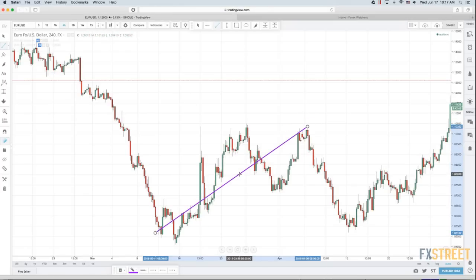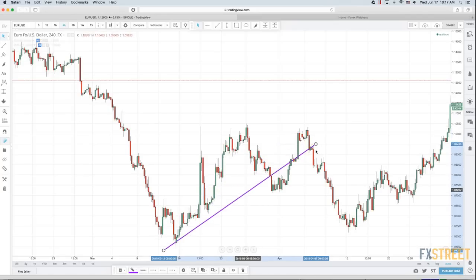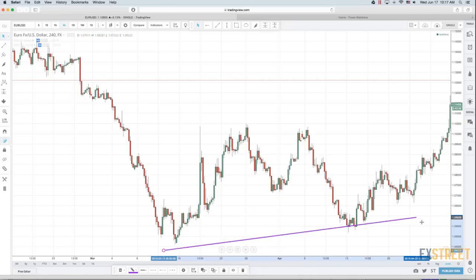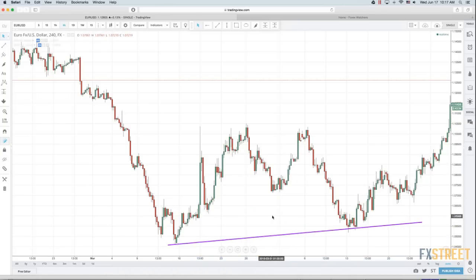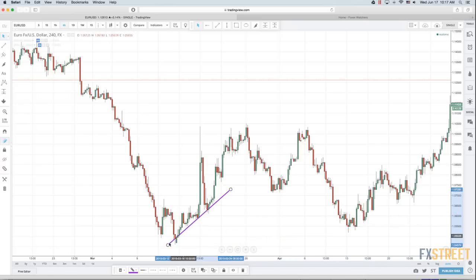So they try to connect the dots as best as possible to capture the entire up move. Okay, what if I drew my line like this? Isn't that an uptrend? What if I drew my line like that? Isn't that an uptrend?